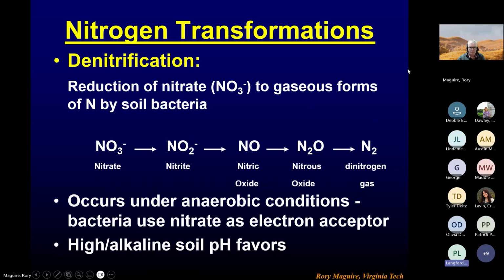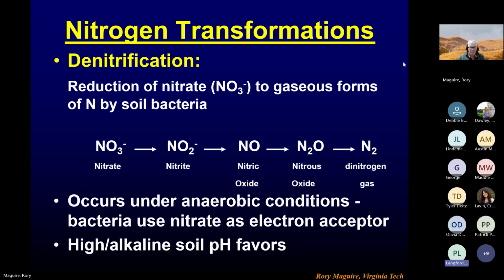So we go nitrate to nitrite, nitrite to nitric oxide, nitrous oxide to dinitrogen gas. This occurs under anaerobic conditions or where there's no oxygen. And so bacteria will use nitrate as their electron acceptor for energy transformations. This type of transformation is favored at high pH or alkaline soil conditions.